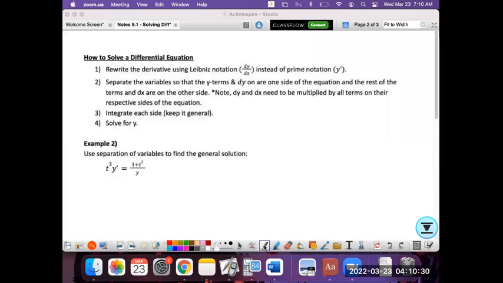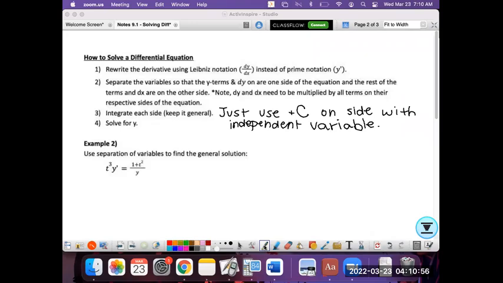So just use plus c on the side with the independent variable, which is where we're going to want it in the end anyway. We just need one to be able to keep everything general. And then solve for y.